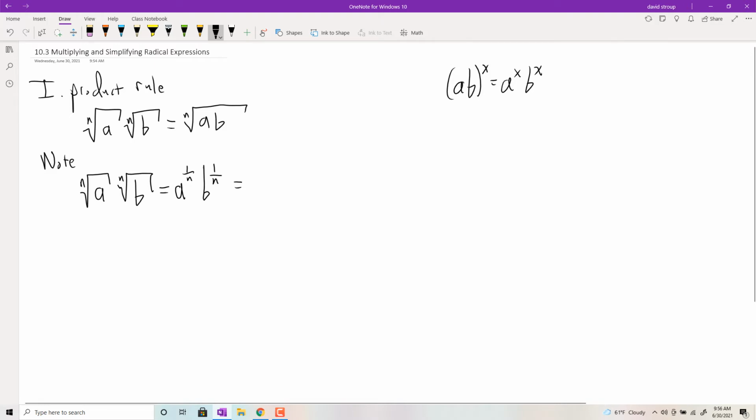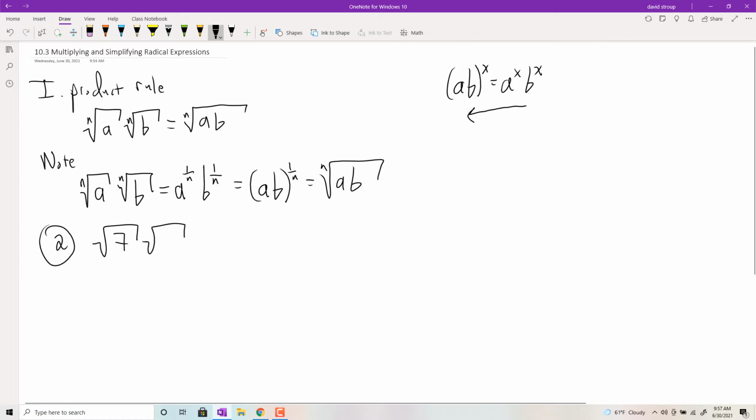Instead of distributing the x, if you think of it in reverse, you're factoring the x out of the exponent. So you'd end up with ab to the 1 over n, and then you could rewrite that as the nth root of ab.